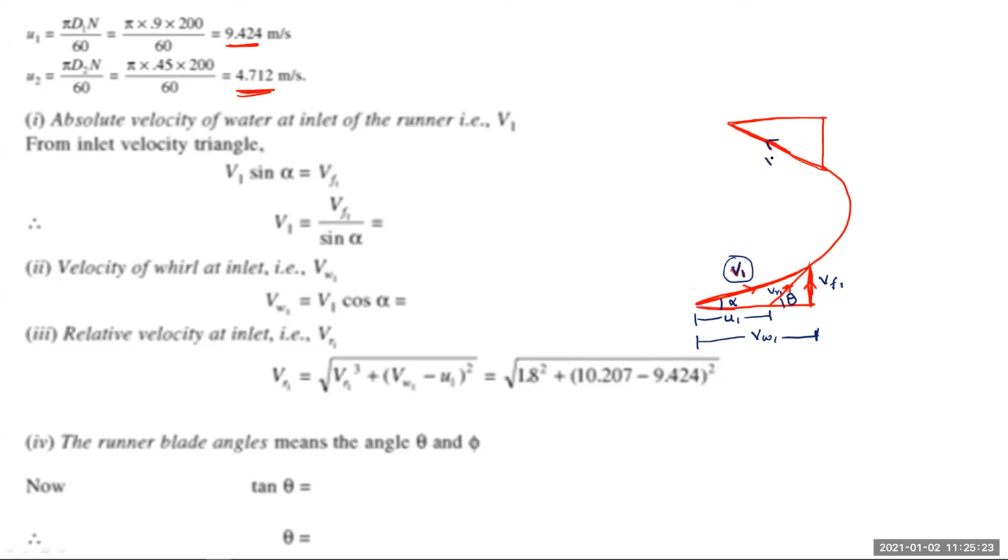Always keep in your mind, this tangential line will give you your VR2 on outlet side, and on inlet side, this tangential line is giving you V1. Now this angle will be your phi. In this direction, you have your U2. U2 will be from here up to here. And this is your beta angle. For this case, beta is 90 degree.